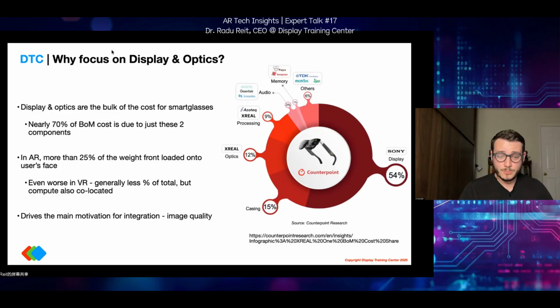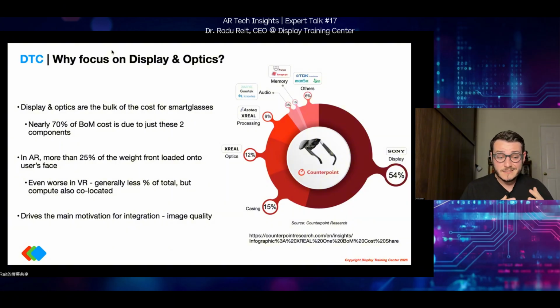Something we'll also go into a little bit later is that the majority of the weight, really one of the key metrics for how comfortable these devices are going to be for wearing the entire day, is going to be front loaded by these display and optics components. The display itself is generally a low weight contributor to the overall system, less than a gram in most cases, but the optical solution tends to be much bulkier. And we'll take a look a little bit later when we go into the diffractive or geometric or birdbath optics that are used.